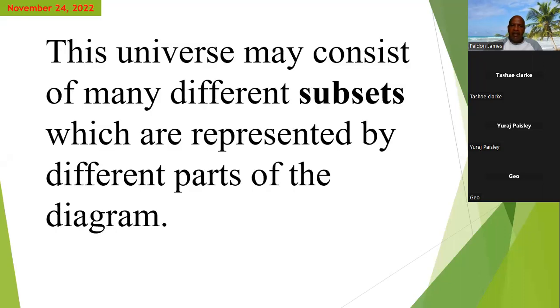Now, any other subsets within the universal set are often denoted by using circles. All right. Now, the universal set may consist of many different subsets which are represented by different parts of the diagram.